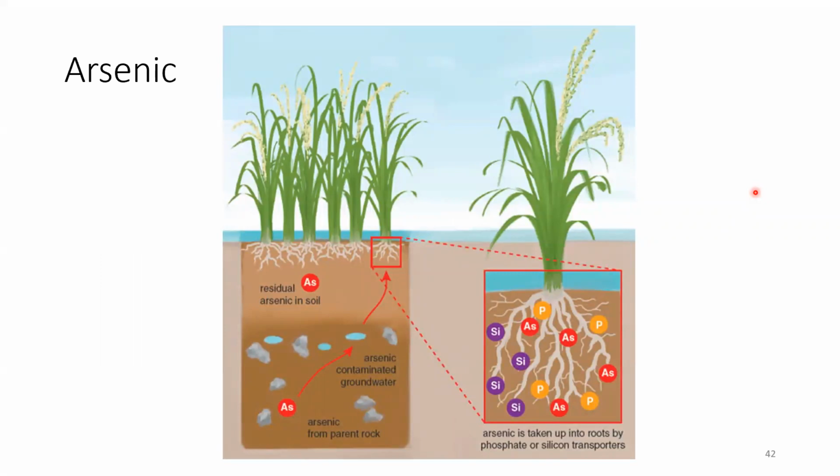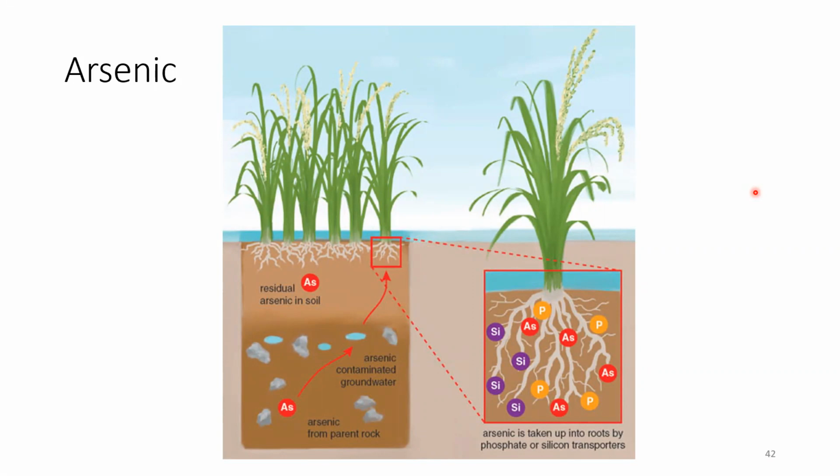Rice is what we worry about for arsenic. Rice is what we get basically all of our arsenic from. And the reason that rice accumulates arsenic is the way that it's grown. So usually rice is grown a little bit, and then the field is flooded to control weeds.